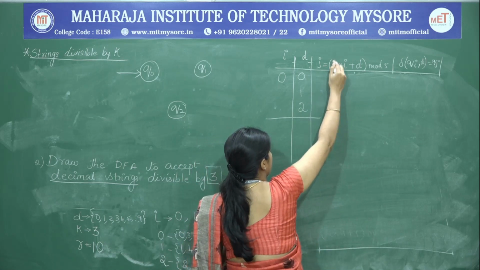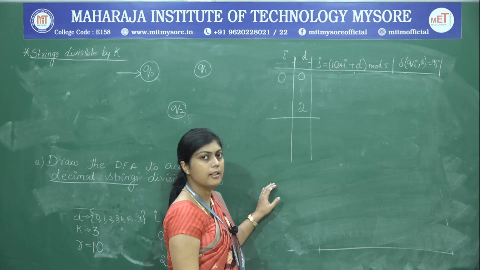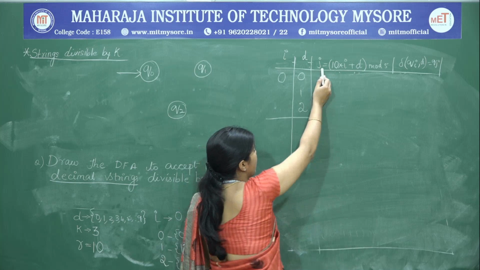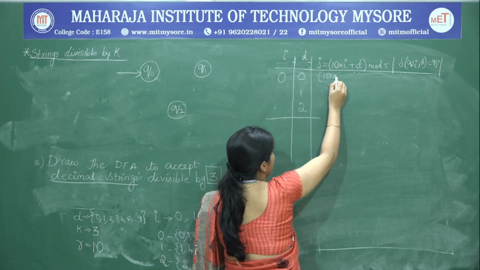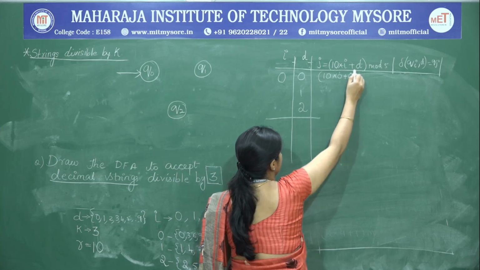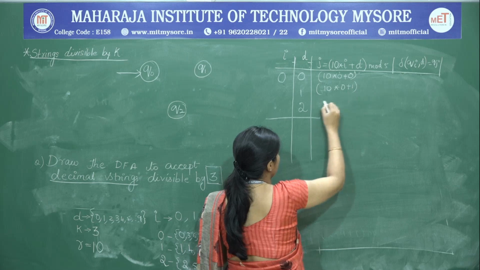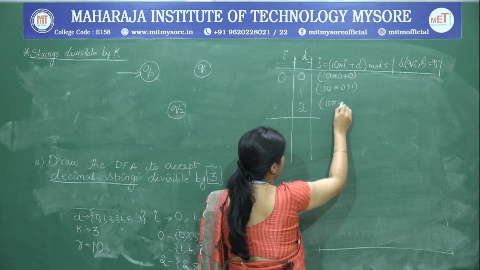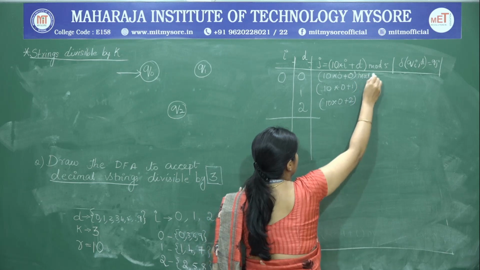Here base 10 is considered because they are decimal numbers. So with i equal to 0, we have 10 multiplied by 0 plus 0, then 10 multiplied by 0 plus 1, then 10 multiplied by 0 plus 2. Each one of them has to be mod 3.